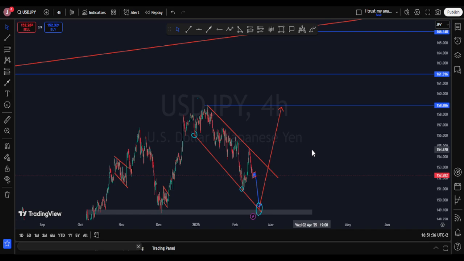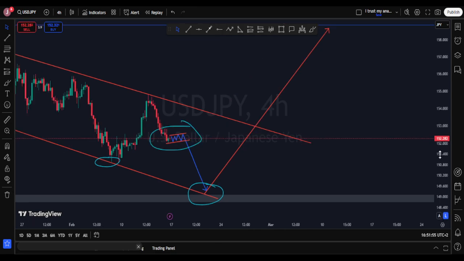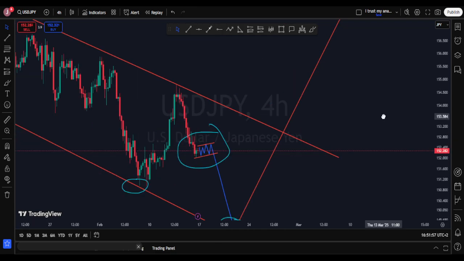So just keep an eye on this because this might play out next week. You can monitor this and babysit this pair. Okay, so that's it for USDJPY, and let's go to US 100.